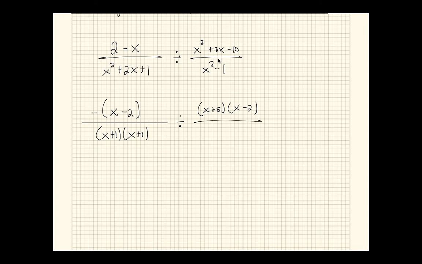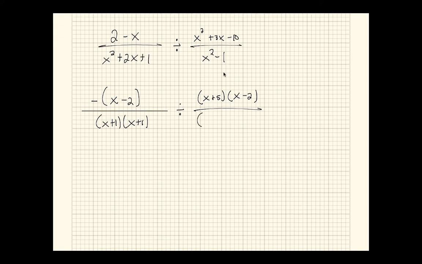Okay, and then also recognize that this is a difference of two squares. This is x to the second and 1 to the second. So that's going to factor to an x minus 1 times an x plus 1. All right, so that's all factored.